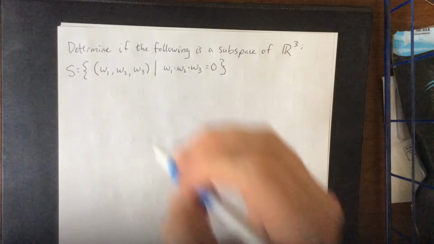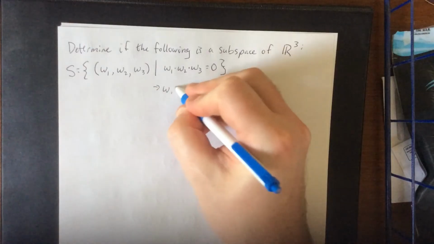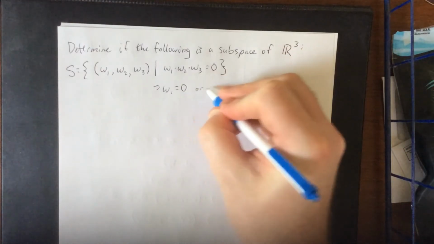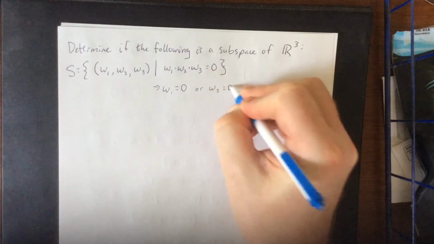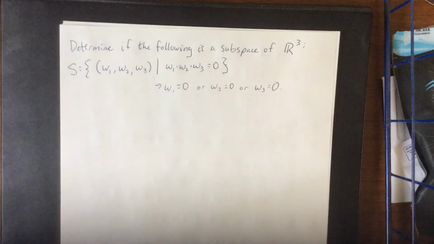However, using the zero factor property, this allows us to make a stronger statement. Either W1 is equal to 0, or W2 is equal to 0, or W3 is equal to 0. So what this is saying is this is the set of all vectors in R3 such that at least one of the components is equal to 0.